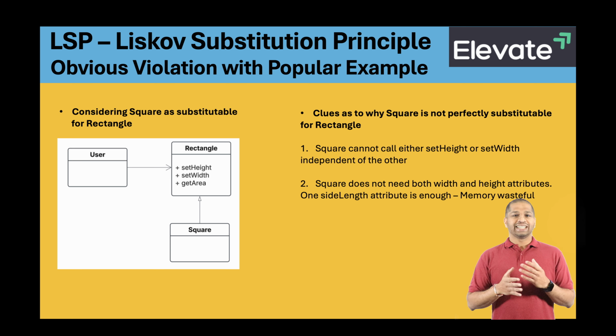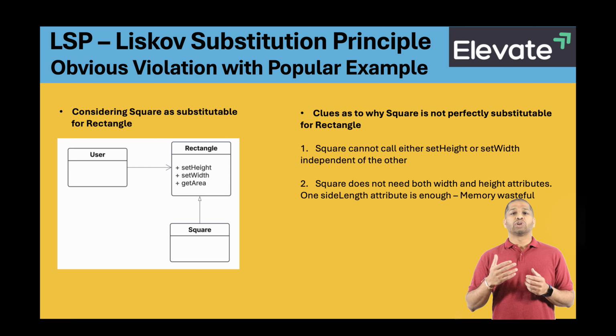When the user considers a rectangle, we can see a square is also defined as a subclass of rectangle. Yes, in mathematical terms, we can say a square is a rectangle because they have four sides. But when we consider it programmatically, there are issues, because squares have equal sides, unlike a rectangle where the height and width can vary independently.